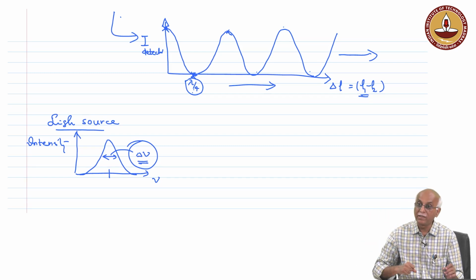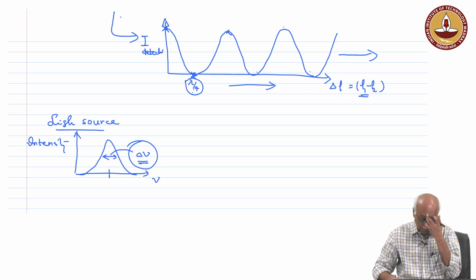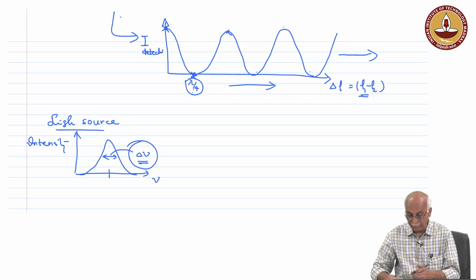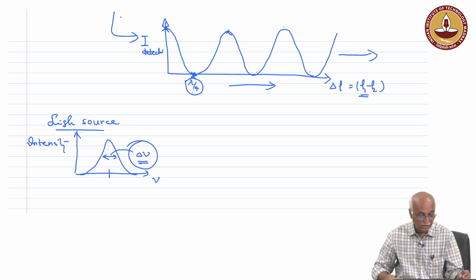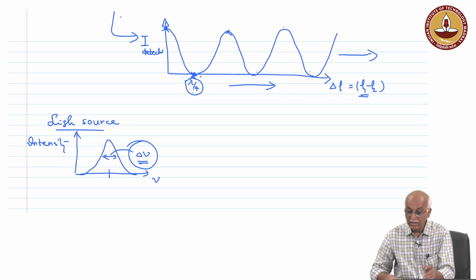That has a very important application as well; afterwards we will see it at a later stage. However, we are now very clear that if the light source has a certain spectral bandwidth, then the length over which this intensity difference from maximum to minimum is observed is limited.